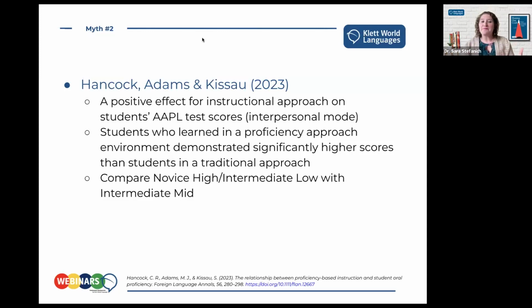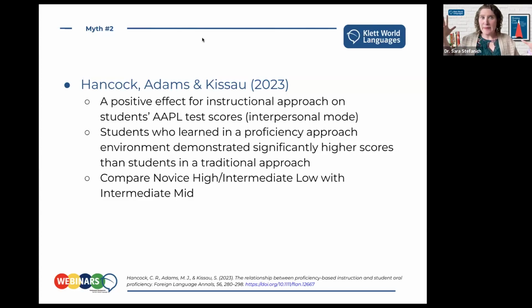And what they found is that students who were in that proficiency-oriented, communicative group demonstrated significantly higher scores than students in that traditional approach. Specifically, we can compare students at novice high to intermediate low, the exact level which other studies have said, to intermediate mid.